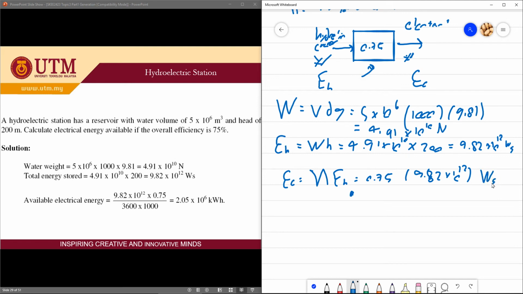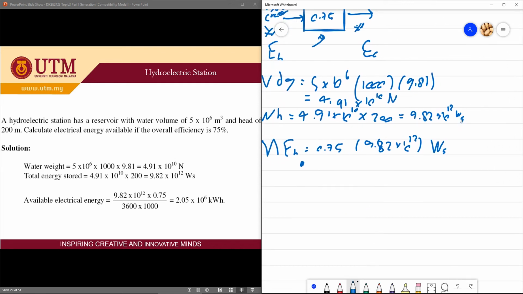So how to convert watt second into kilowatt hour? 1 kilowatt divided by 1000 watt, and then multiply by second. 3600 seconds equals 1 hour. So this one is just 60 multiplied by 60. 60 seconds multiplied by 60 minutes, you get 1 hour.